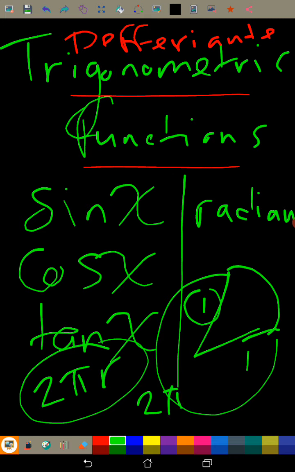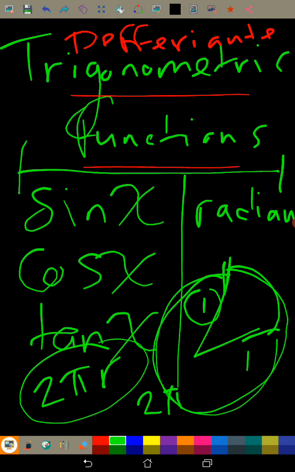So the circumference, if we cut it here, it will be a line, and from here to here it's going to be 2 pi radians. And if this is 1, this is 1 radian. 1 radian is this 1 and 1 here. This is 1 radian. Okay, that was a definition.